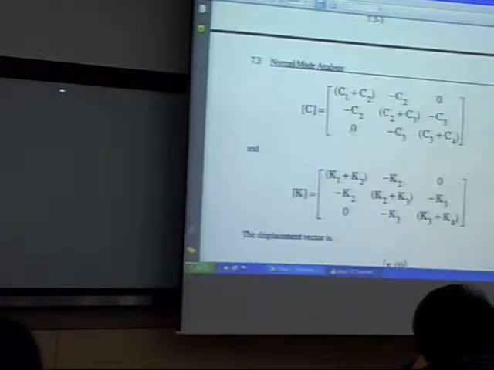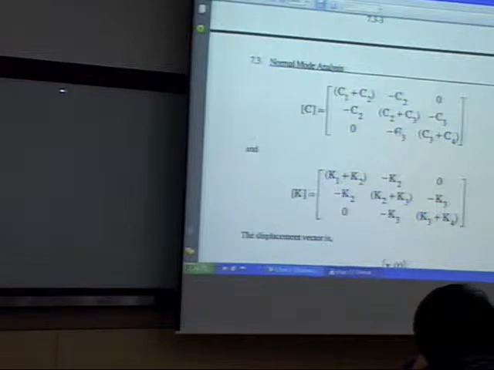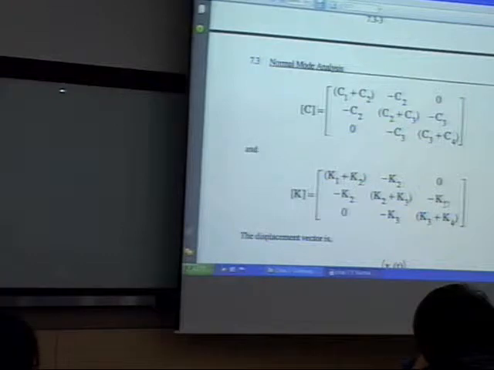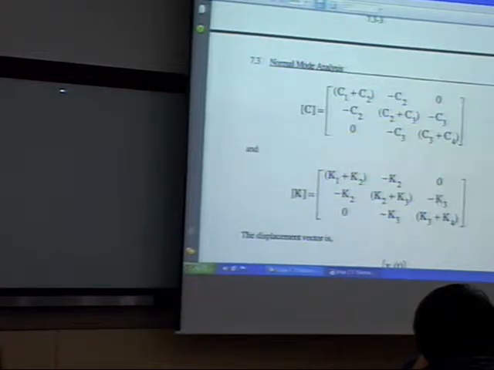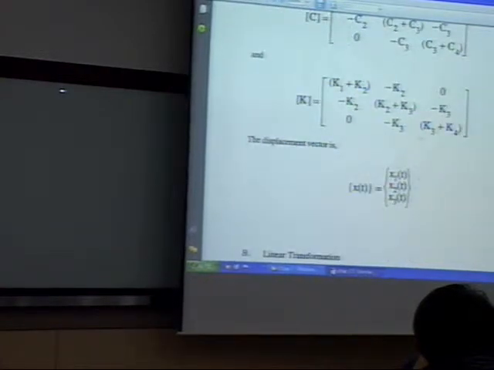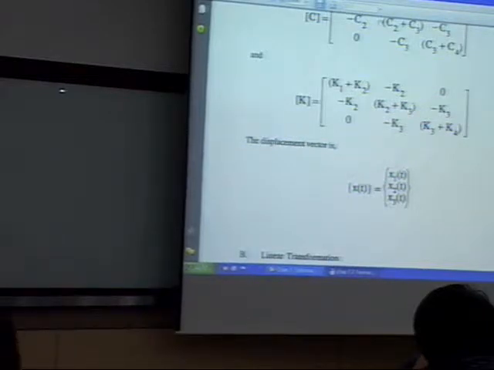Or 3, 1, same thing. This is a symmetric matrix. So these two are coupled off-diagonal terms. Okay? So C3 or K3 makes the system coupled, because K3 is a spring between x2 and x3. So this makes the system coupled.